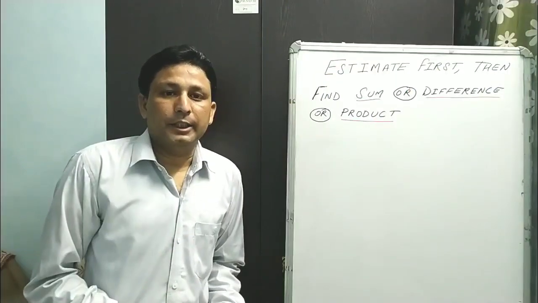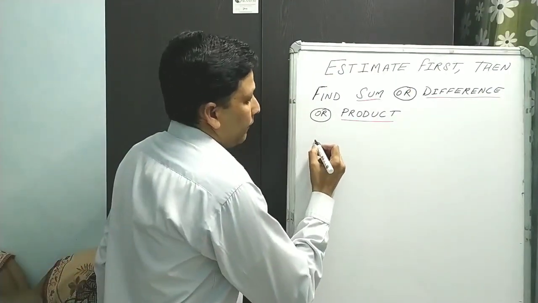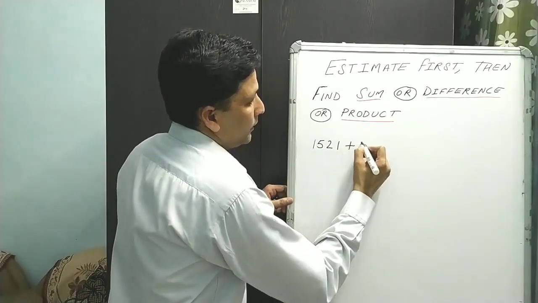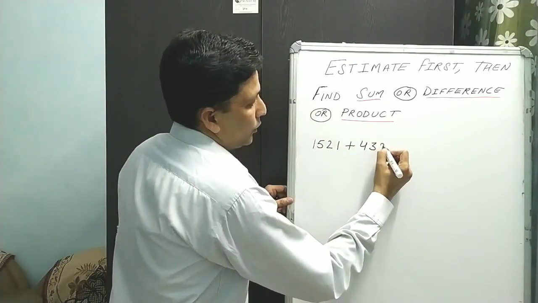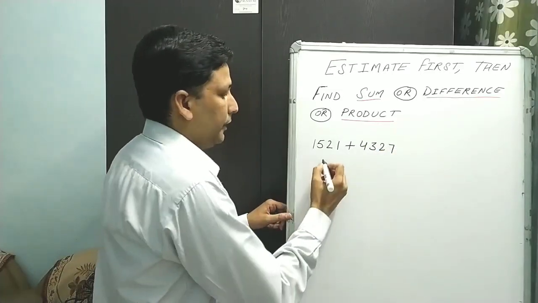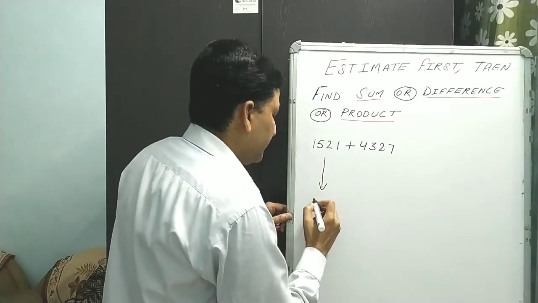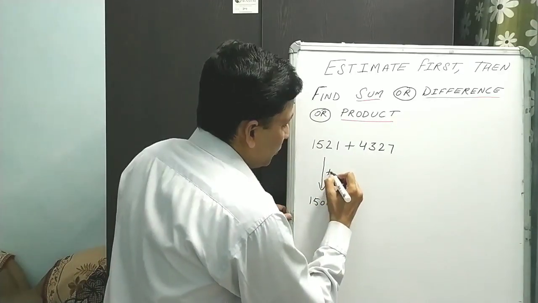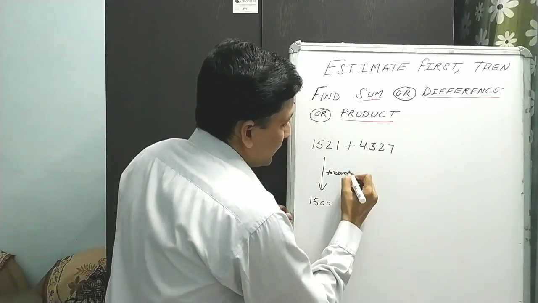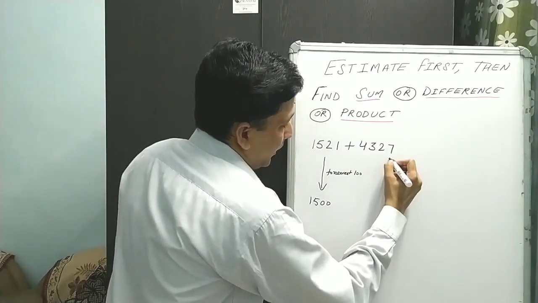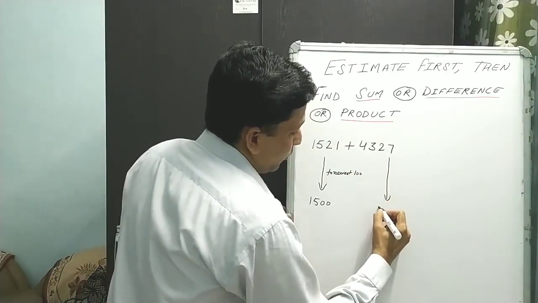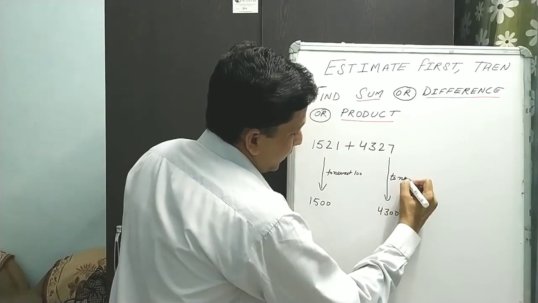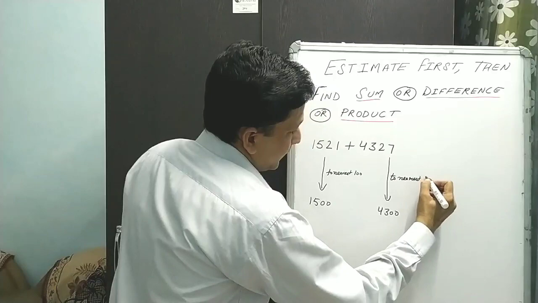Now moving on, let's take another example. If I write 1521 plus 4327, first of all we will convert this number into 1500 by using the rule nearest 100, and also convert 4327 into 4300 again using the rule nearest 100.